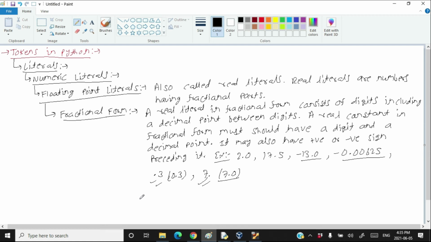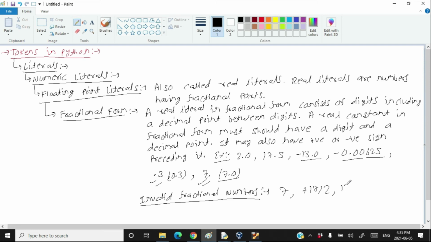Some invalid fractional numbers are, for example, just 7. This number does not have any decimal point, so this is an invalid fractional number. Plus 17.2 is an invalid symbol, so this number is invalid because it contains an invalid symbol.